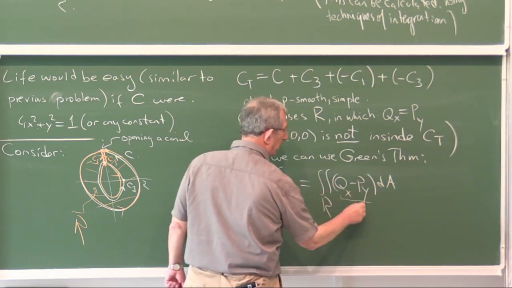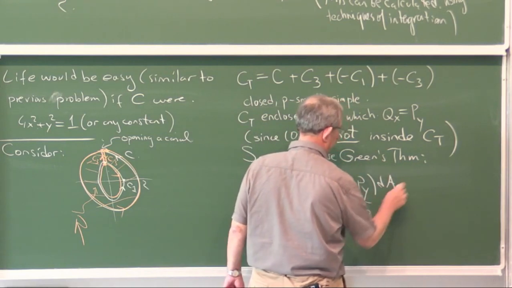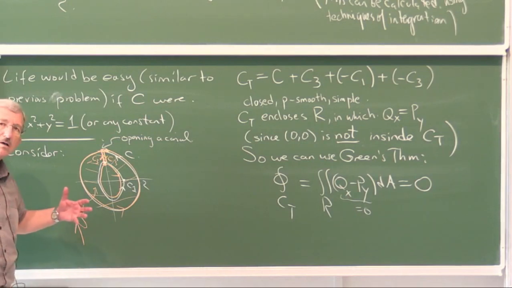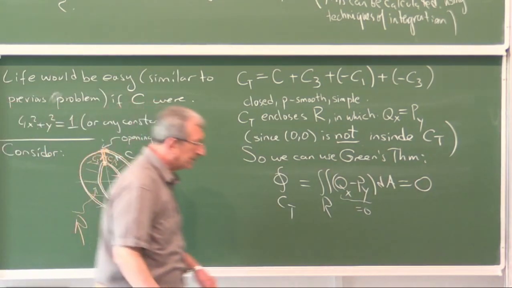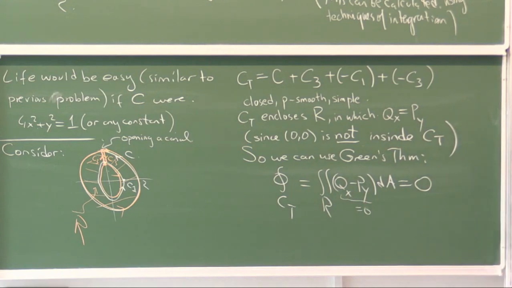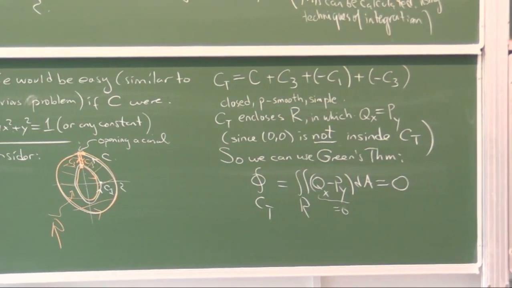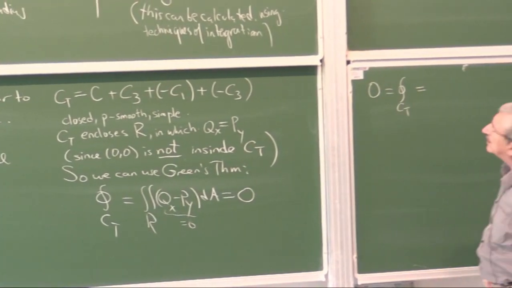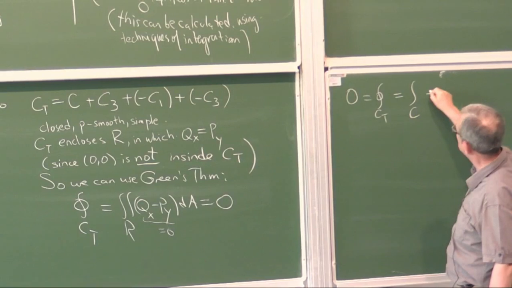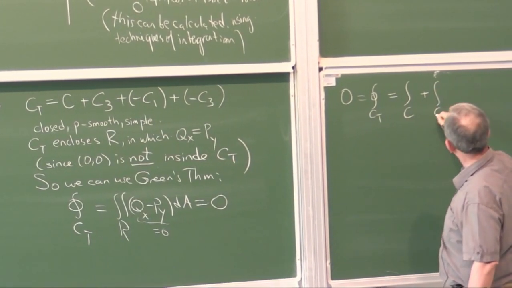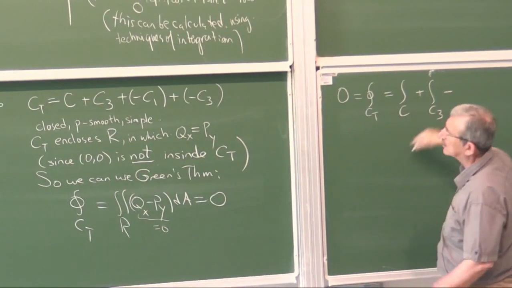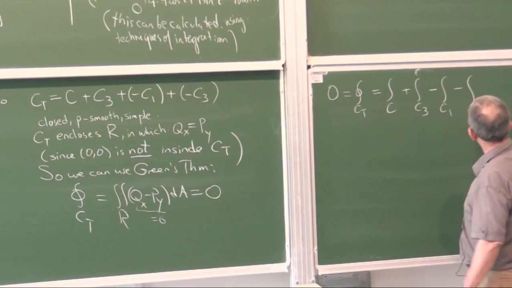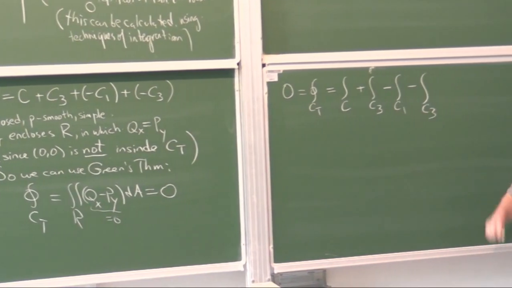But in R, this is 0, so this is 0. Now, this does not give me my result yet, but it tells me the following. Now, 0 is the integral value on CT, but let us look at CT. It was integral C plus integral C3 minus, that is on C1, integral C1 minus integral C3. And now I know this is 0.